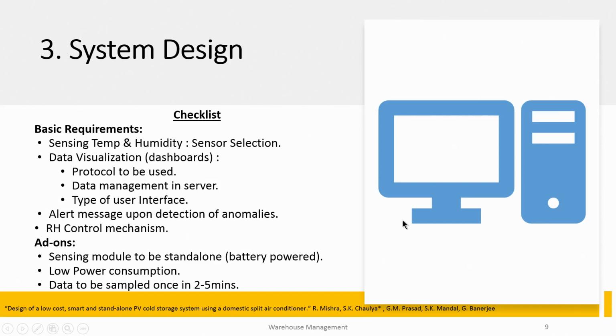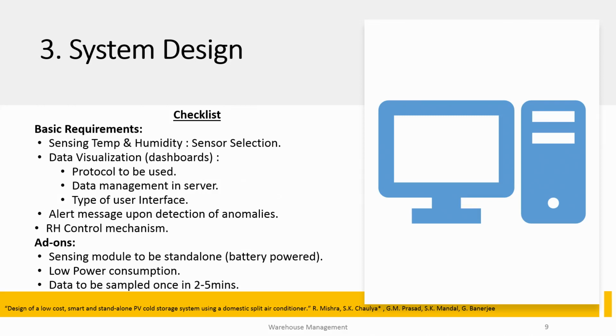So, it is very important you also plan your work accordingly. Here is what they want to do, that comes under system design: sensing temperature and humidity. They want to visualize the data on a dashboard, what IoT protocol should be used and so on. Data management in the server, okay, how do you manage that data once it is uploaded there?